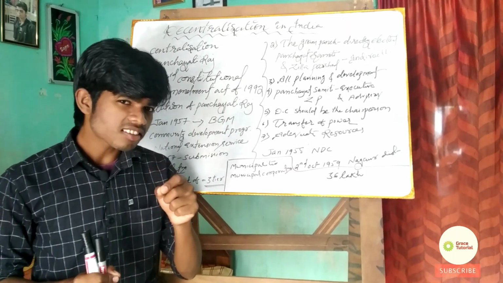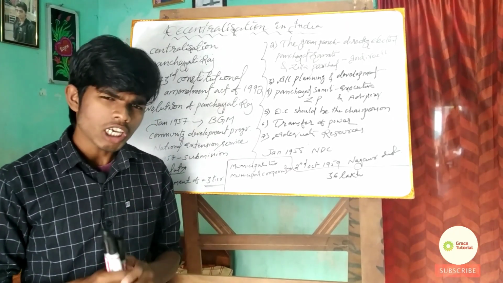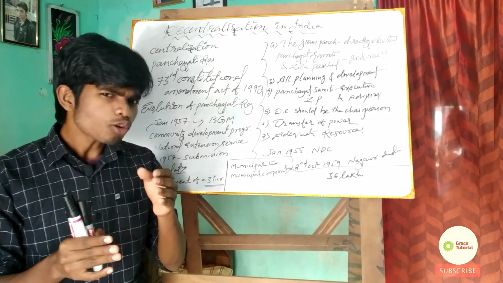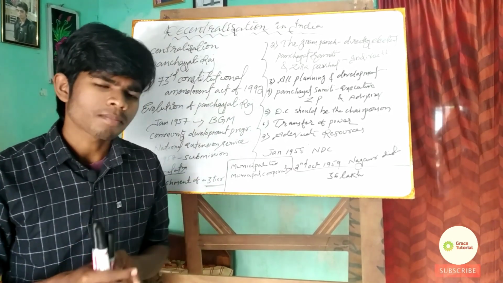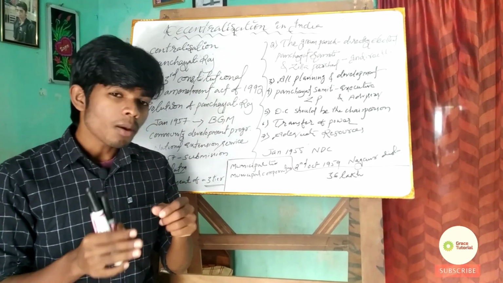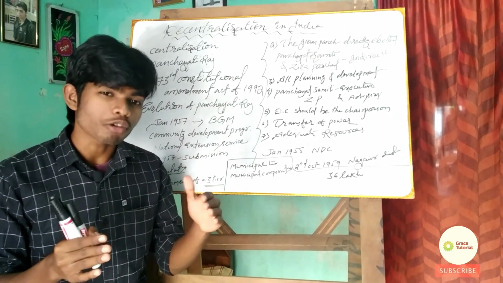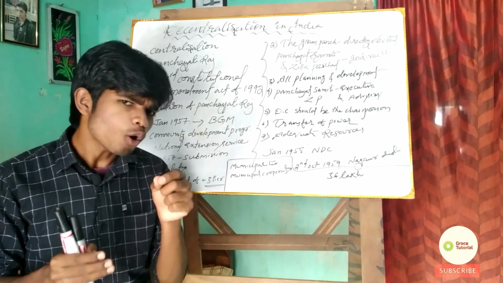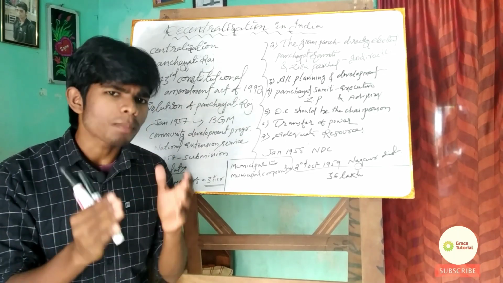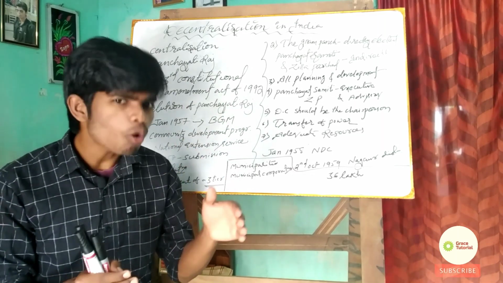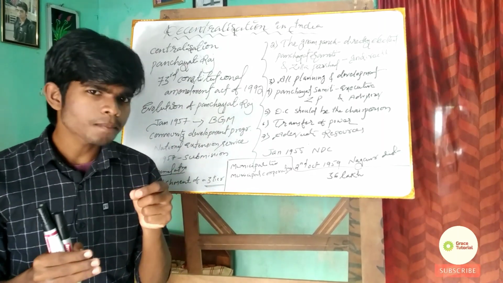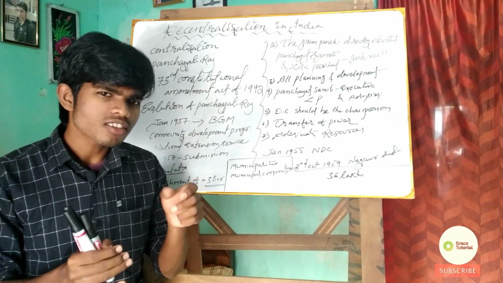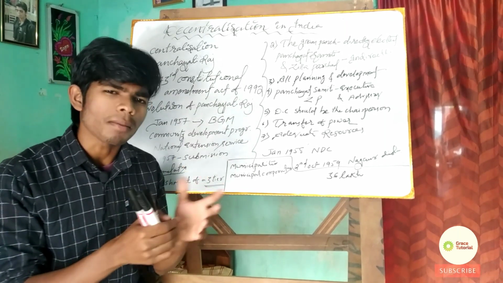In a centralized system of administration, the lower levels, called the field officers, cannot act on their own initiative. They have to refer most of their problems to the headquarters. That means they cannot take any decisions on their own to solve the problem. They need to ask their headquarters for suggestions or for any other matter to take decisions regarding the solution of the problem.